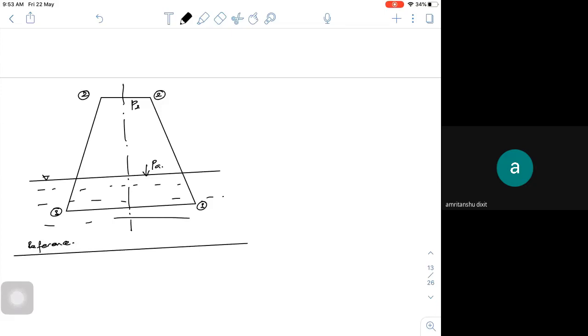If I take it, this height will be Z3 and this height will be Z2. So now the draft tube is between 2 and 3, and this I call some H0, and already we have seen this, we call it H. So this H plays a very, very significant role.